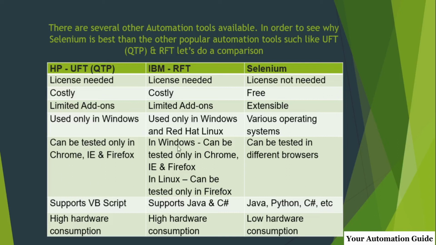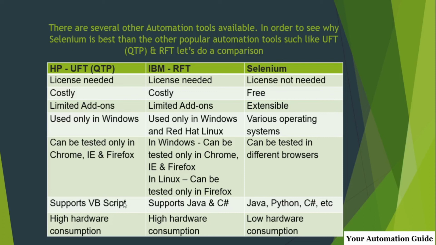And in RFT, on Windows it can be tested only in Chrome, Internet Explorer, and Firefox, and on Linux only in Firefox. And Selenium can be tested in different browsers. It can be Chrome, Internet Explorer, Firefox, Safari, whatever it is. And it supports each and every operating system. Therefore, you do not need to worry about anything.